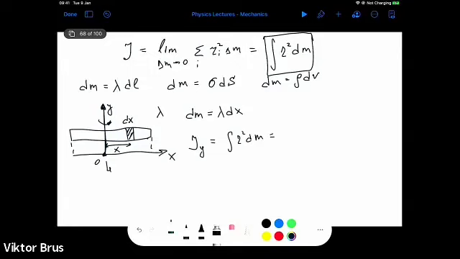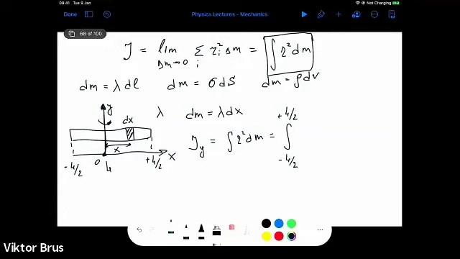And in our case, it will be the integral from minus L divided by 2 to plus L divided by 2, like the coordinates of the edges of this rod. And what do we have in our integral?